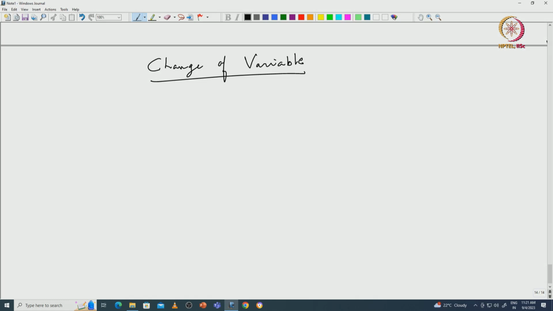It is important that you always make a change of variable when you have an integration, going from one domain to another domain.